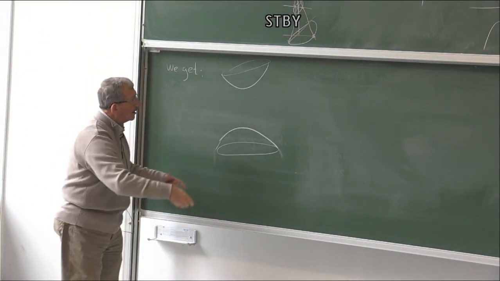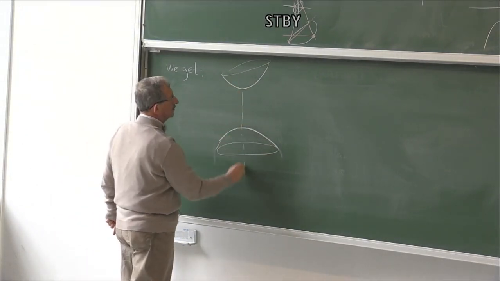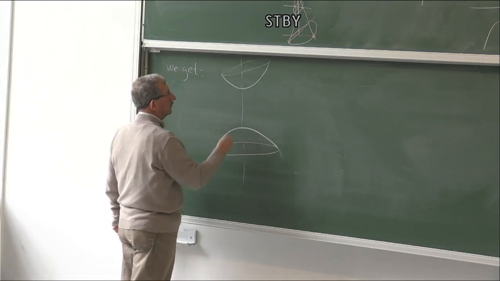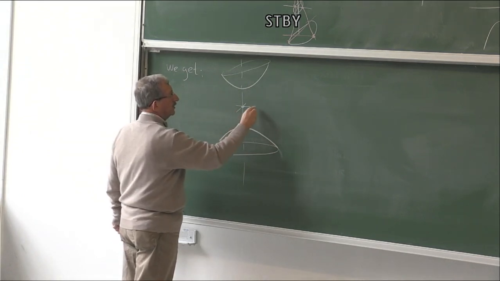The radii get larger. This is the level z is 0.